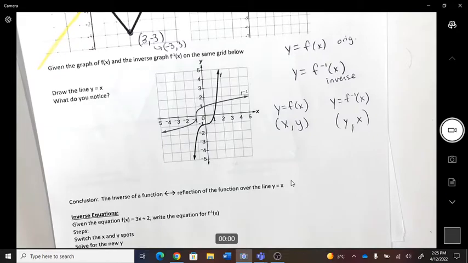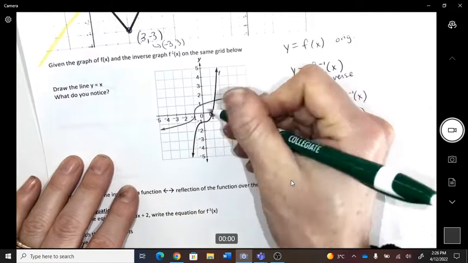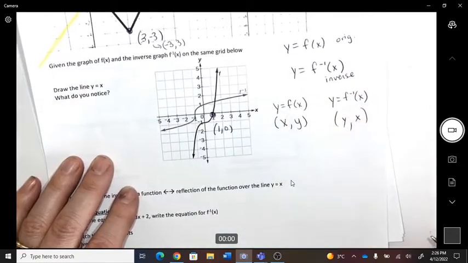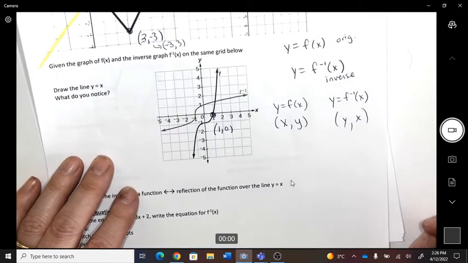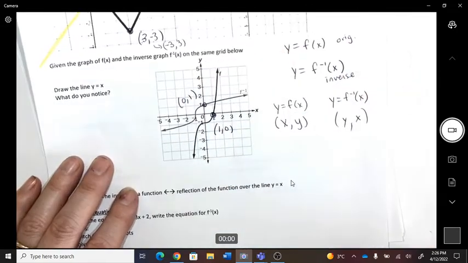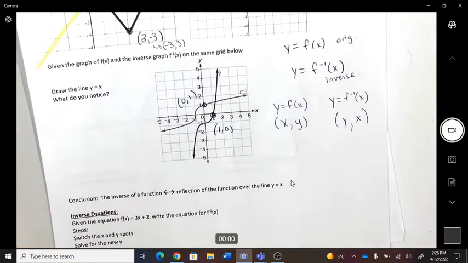So if I look at this one, this is the coordinate 1, 0. So what coordinate should be on the other one? 0, 1. Okay, do you see that?